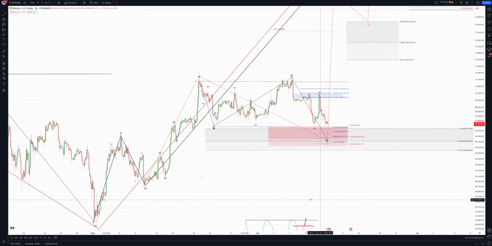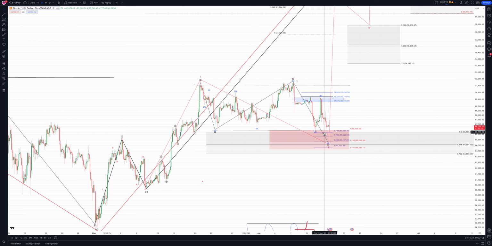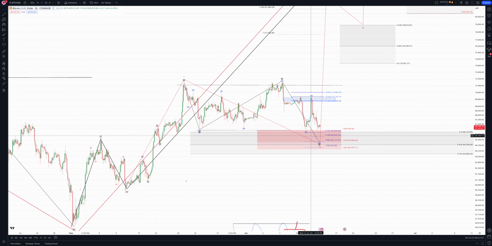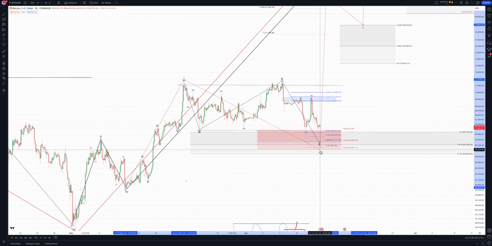So what I see over here is since we swept this adjacent low ever so slightly, retracted back into the range, then had a failure to break, rejecting off this breaker block, what is the price doing right now? It's coming back to where it came from. So what I'm expecting is for price to come down for a little bit of a deeper manipulation down to the 61.8% fib at 64,784, or even the 70.2% fib at 63,809.